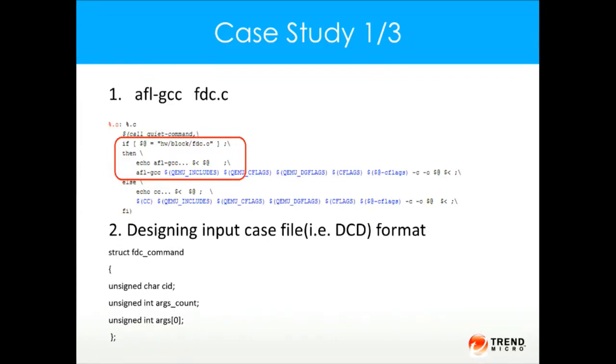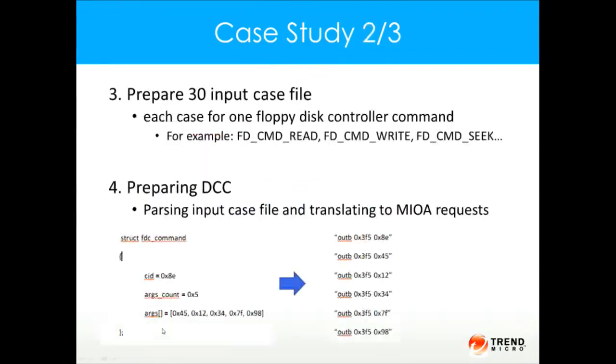It is simple. First, it contains the command ID, the arguments count, and the arguments list. And to keep the fuzzing more effective, we will try to integrate several different controller commands in our kit file. For example, it will contain floppy disk read, floppy disk write, and floppy disk seek.